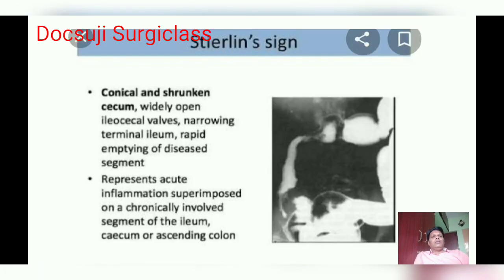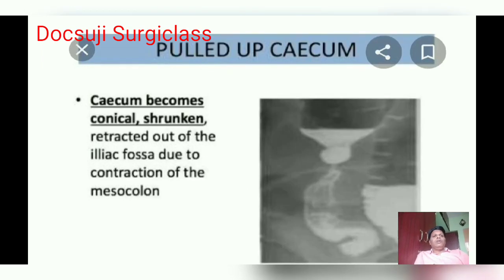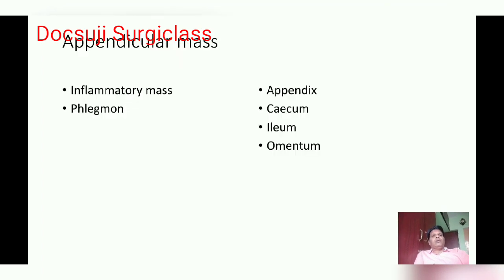And this is the Sterling sign, which is nothing but a conical and shrunken cecum, with narrowing of the terminal ileum, and there is rapid emptying of the diseased segment. This is a pulled up cecum. The cecum becomes conical and shrunken, retracted out of the iliac fossa due to contraction of the mesocolon.